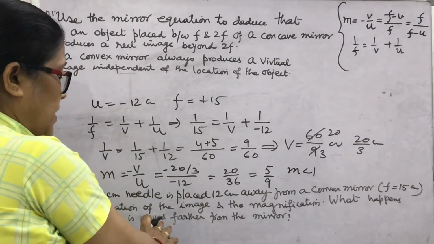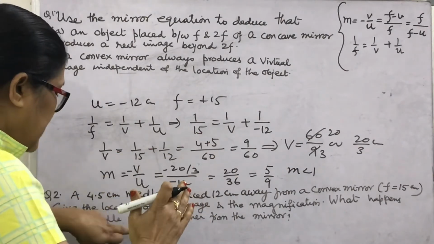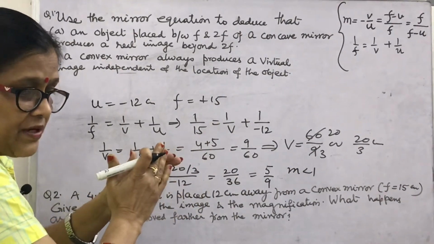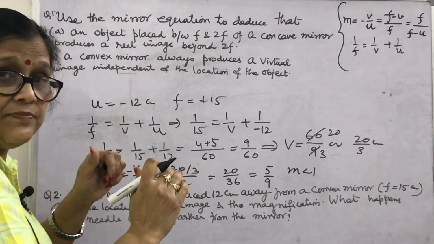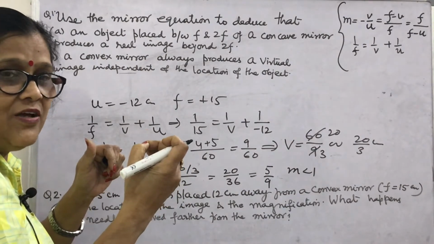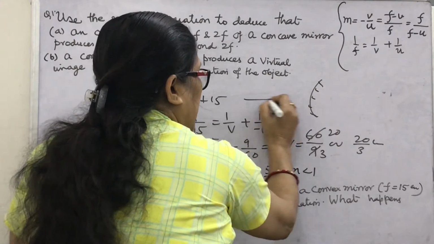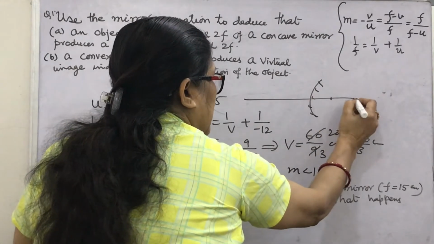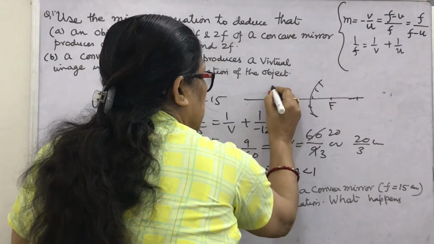What happens as the needle is moved farther from the mirror? If the object, here the needle, is moved farther from the mirror, the image moves towards the focus and its size goes on decreasing. You can draw this with a convex mirror: this is the focus and this is C, and the needle is placed here.